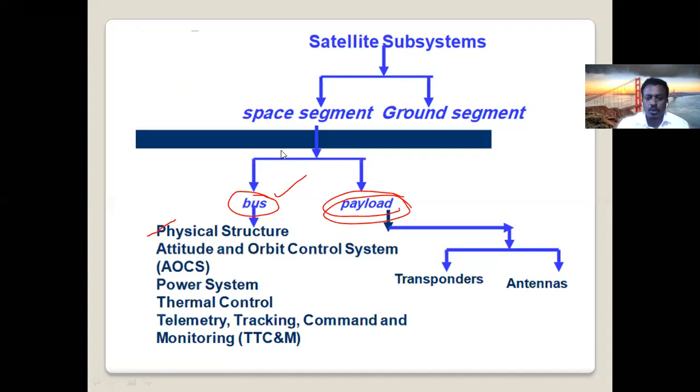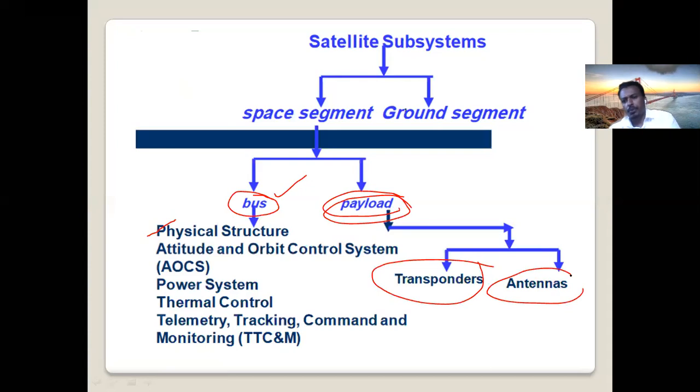So what are the two common payloads in space? The transponder system and the antenna subsystem. So we started the transponder subsystem of the space segment last week.